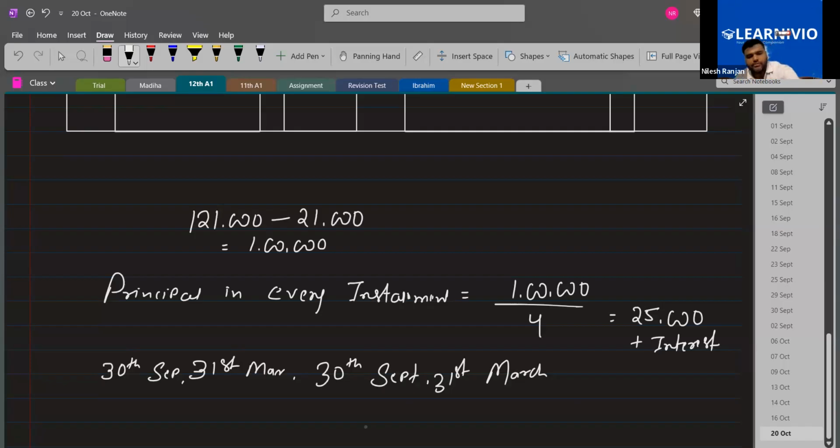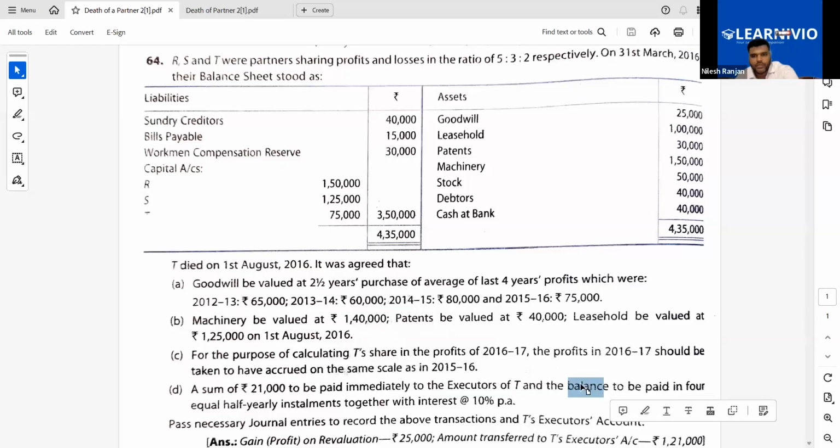It is said in the question: balance to be paid in 4 equal half yearly installments together with interest.